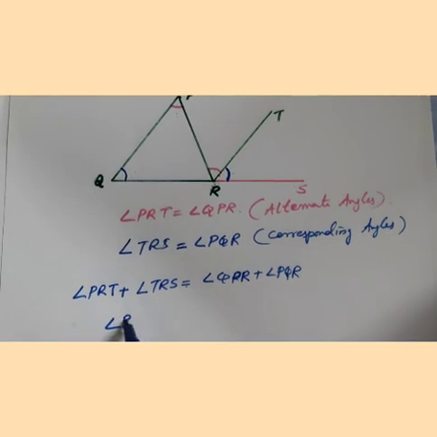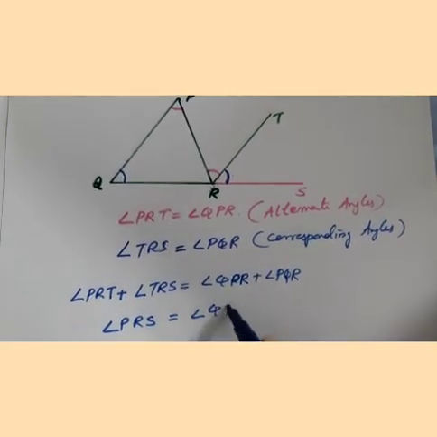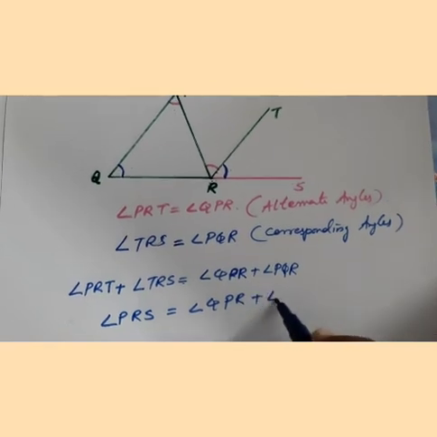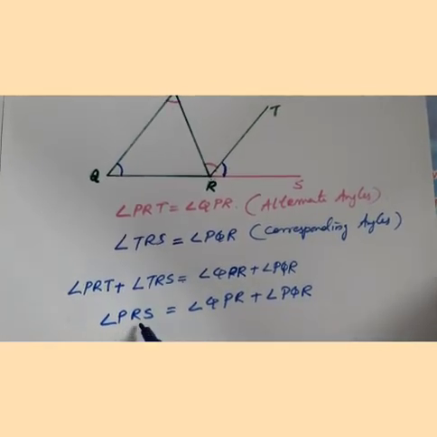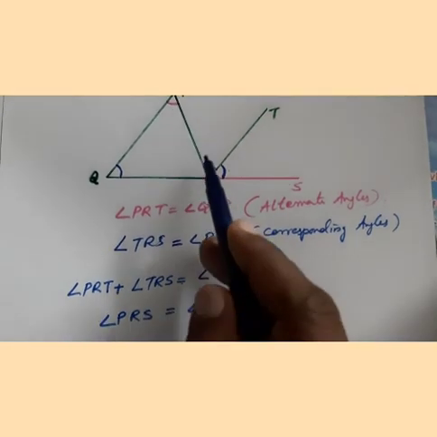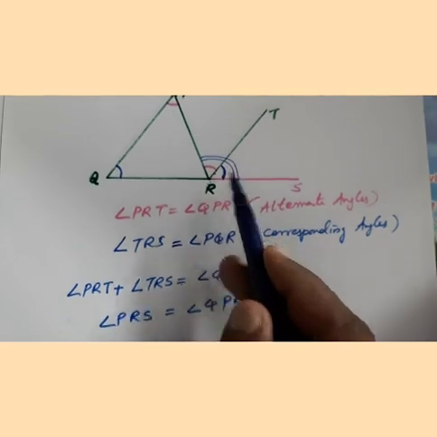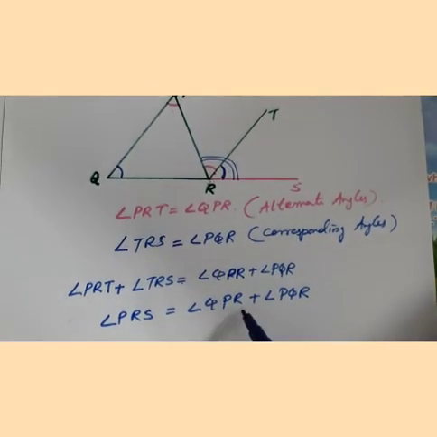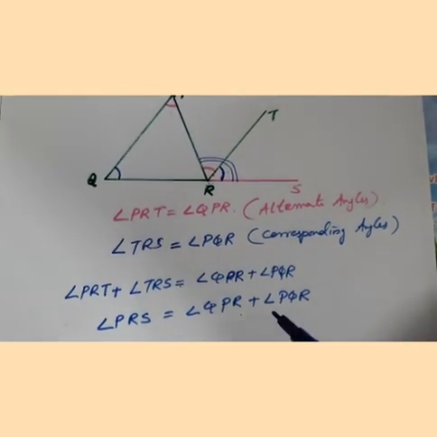So we can write angle PRS is equal to angle QPR plus angle PQR. And what is angle PRS? That is the outer angle. That should be equal to the sum of the two inner angles.